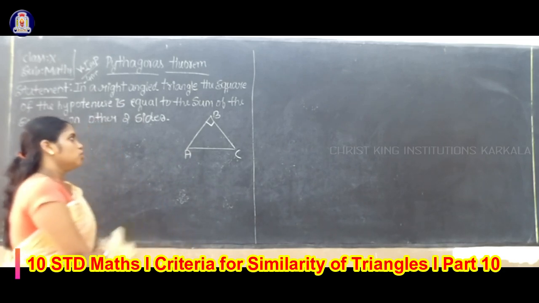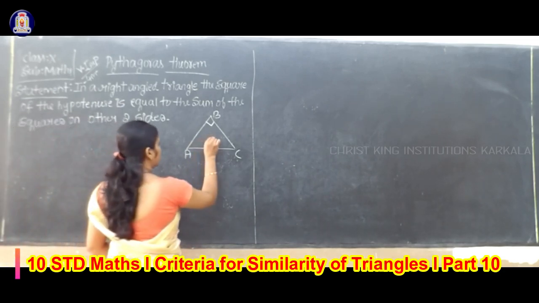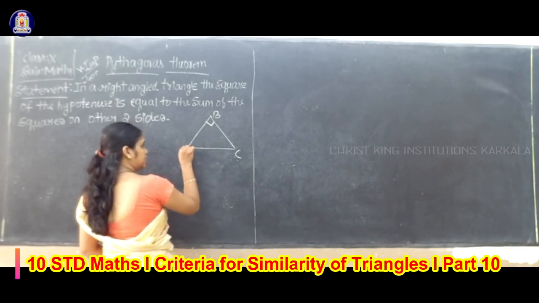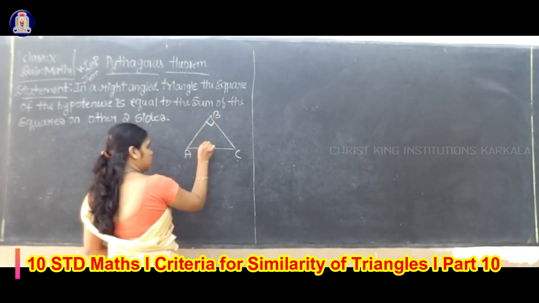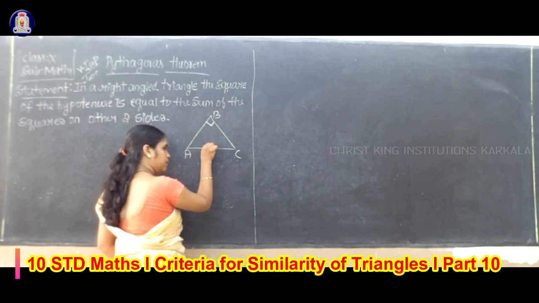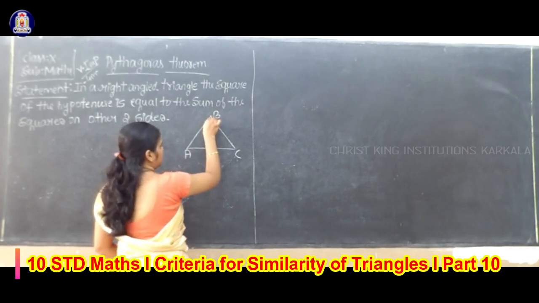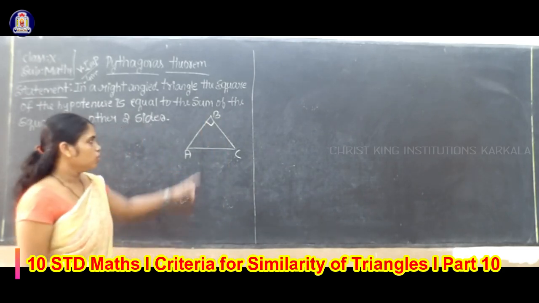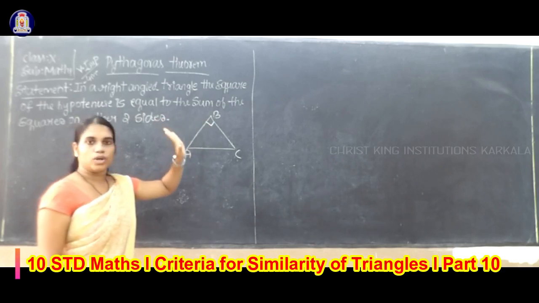So here I will consider one right angled triangle, that is ABC. In this right angled triangle ABC, angle B is equal to 90 degree.